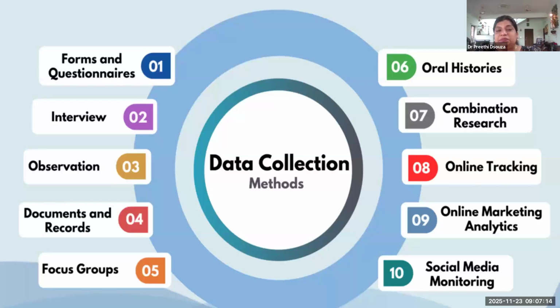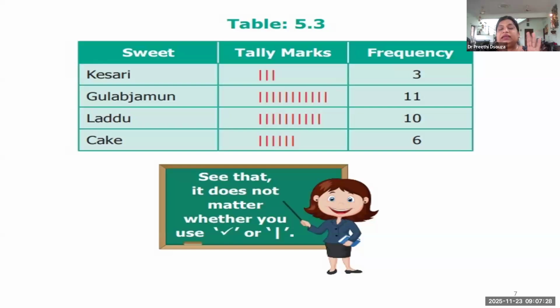These are the data collection methods from the previous classes, quantitative and qualitative: from an interview, from observation, from social monitoring, from focus groups, from experts, and questionnaires. You've collected the data. Now what do you do? You put the data into various data sets.